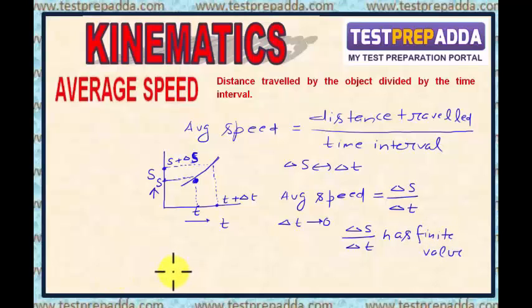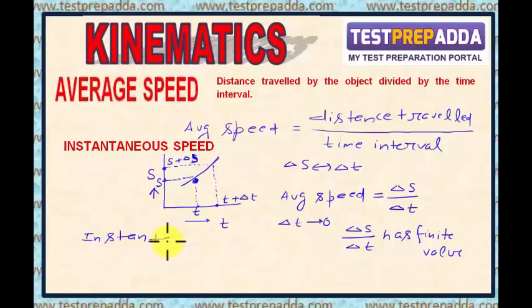So, how will you define instantaneous speed at a particular time? The instantaneous speed will be defined as limit delta t tends to 0 of delta s upon delta t.